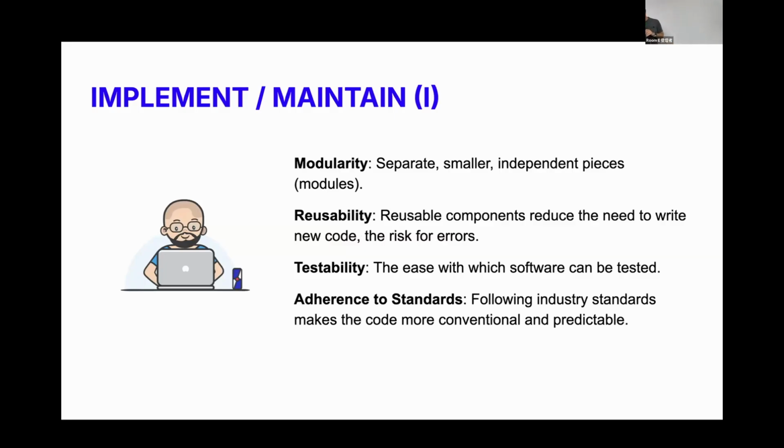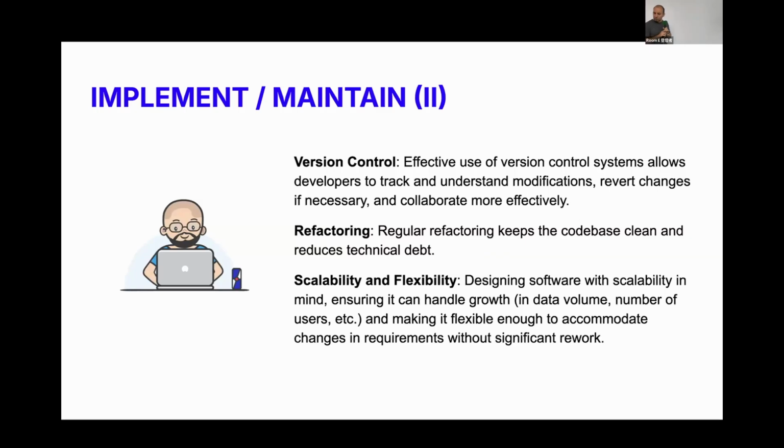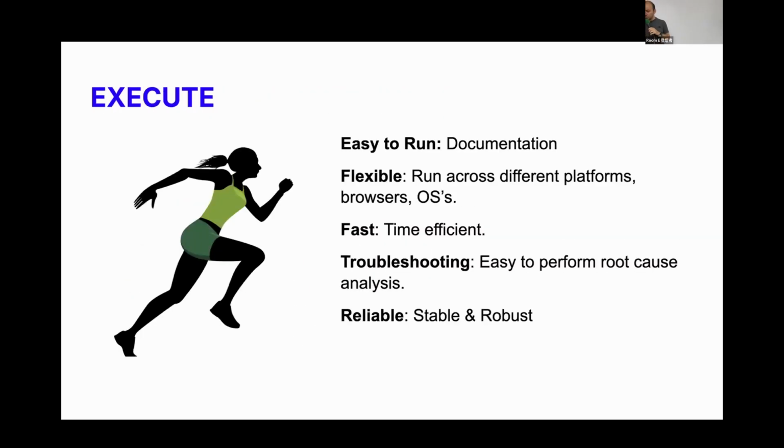And of course, testability and standards. And there are some more things like version control. Whenever you apply some changes to tests, of course, you have to keep the versioning. Continuous refactoring, scalability, and flexibility. These are the things important for implementation.